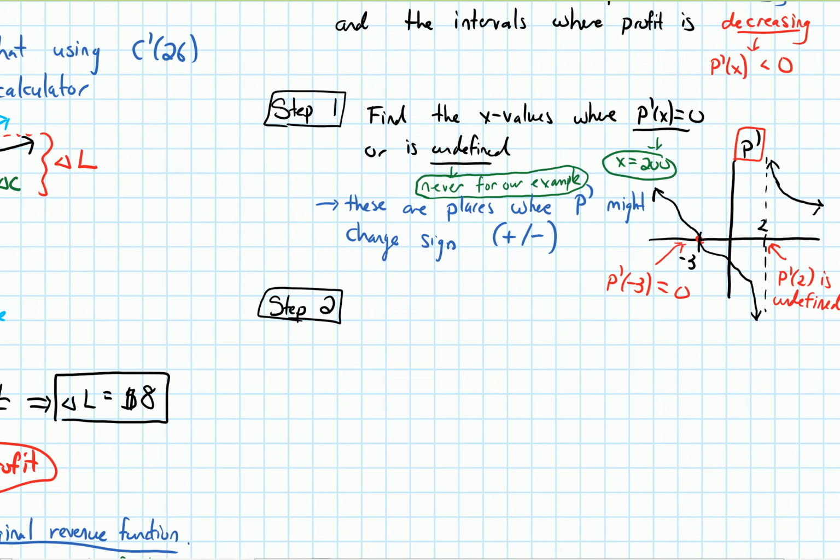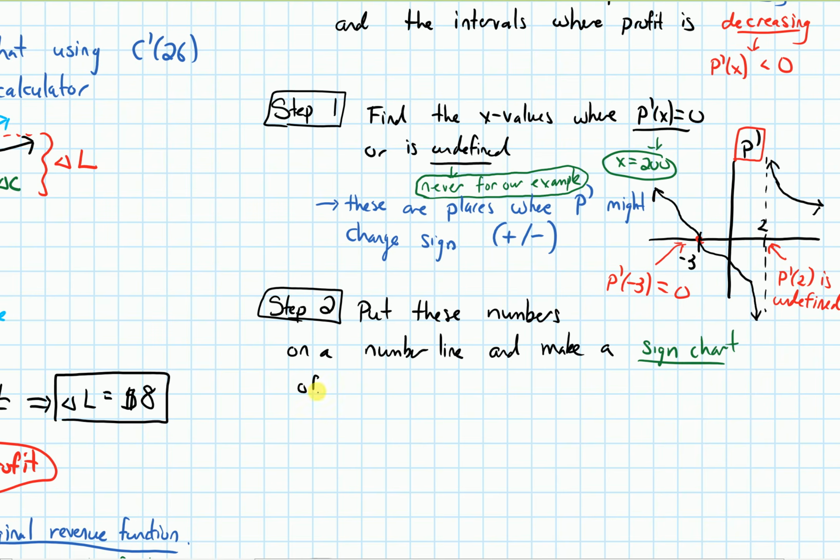All right, so let's continue with this. We are ready for step 2 now, which is to put these numbers on a number line and make a sign chart of p prime.